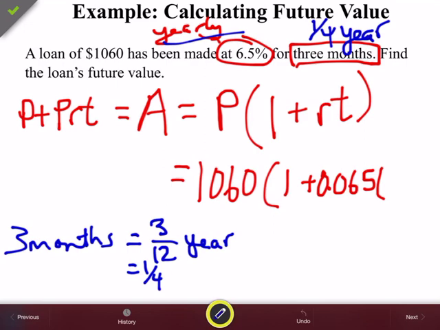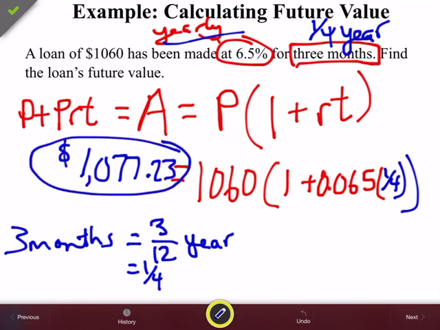So into my formula, I must use the number of years. So once I plug that into my calculator, it tells me 1,077.23.